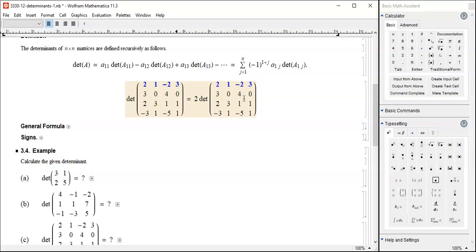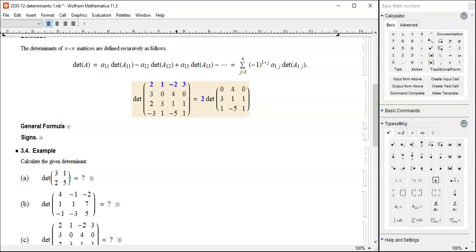And 2 times the determinant. So this is A11. And then we have to take the deleted matrix here. So this 2 belongs to the first row, first column. So remove the first row and first column. And what's left is the deleted matrix that I want.